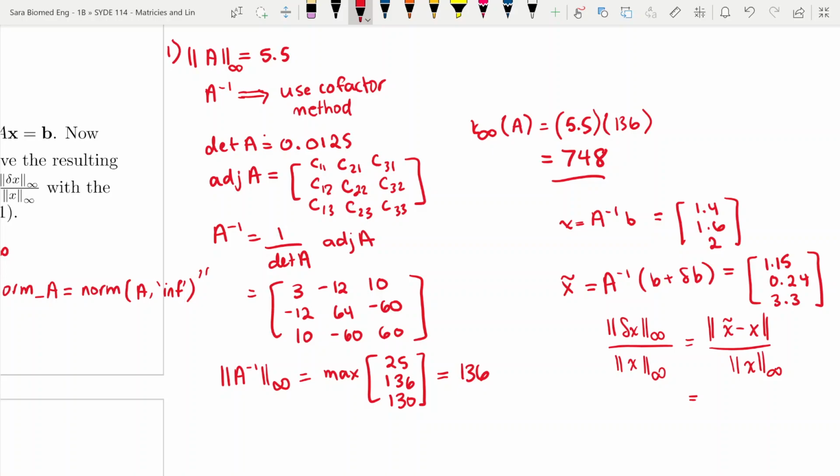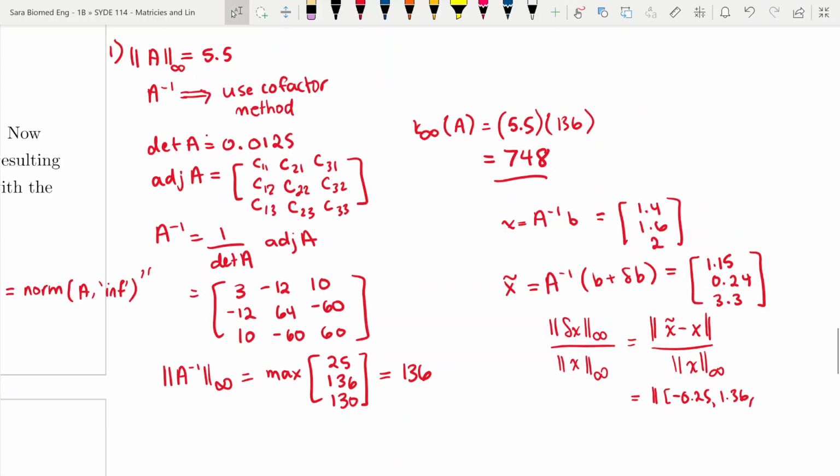What I'm doing is this one minus this one, or the other way around. It doesn't matter because we're taking the norm. So it's negative 1.3. We're computing this norm, and what's left is the x norm again. And the result is, I'll just write it over here, 0.68.